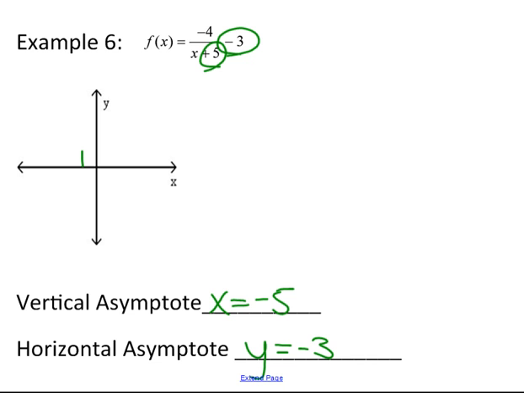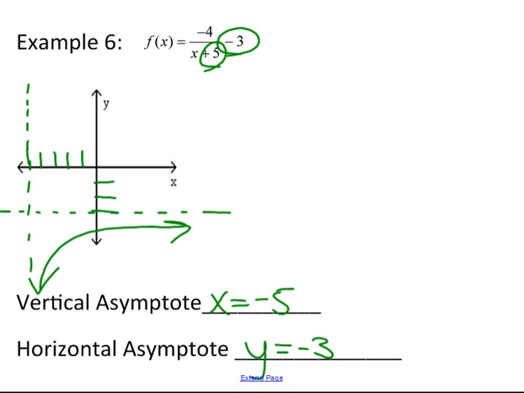Negative 5, 1, 2, 3, 4, 5. Negative 3, 1, 2, 3. 4 is negative, so the right side has to be in the bottom right-hand corner, which makes the left side, kind of ran out of room, but it's going to be over here.